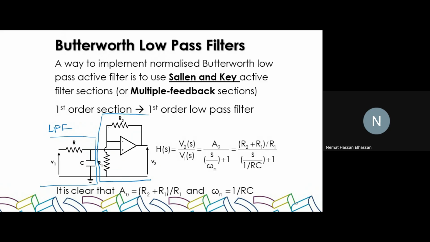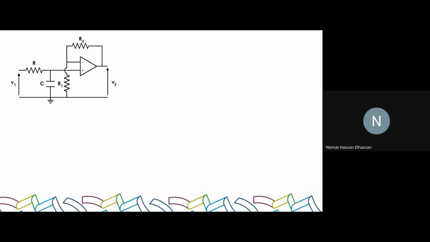And the total gain V out over V in is basically the gain of the amplifier multiplied by the gain of the filter, right? So here, the gain of the filter is 1 over 1 plus SCR multiplied by the gain of the non-inverting amplifier, which is 1 plus R2 over R1. Do you remember this from last week? Yeah? Okay.